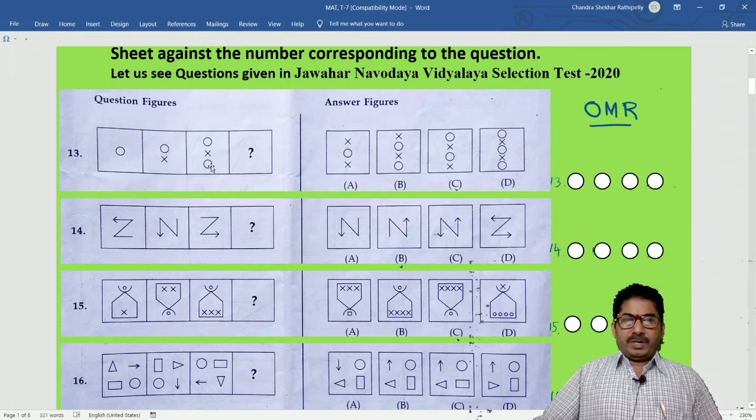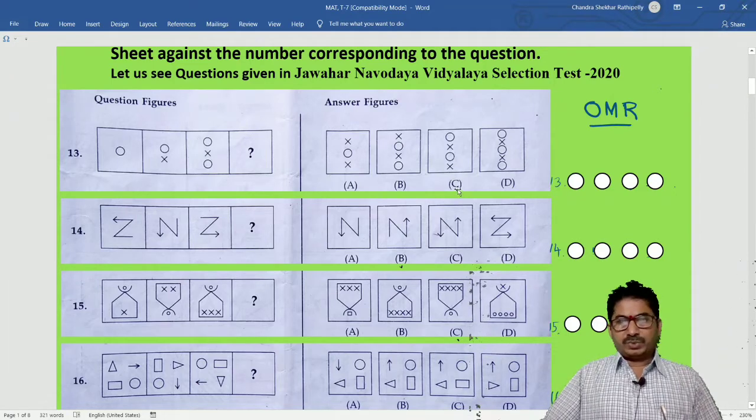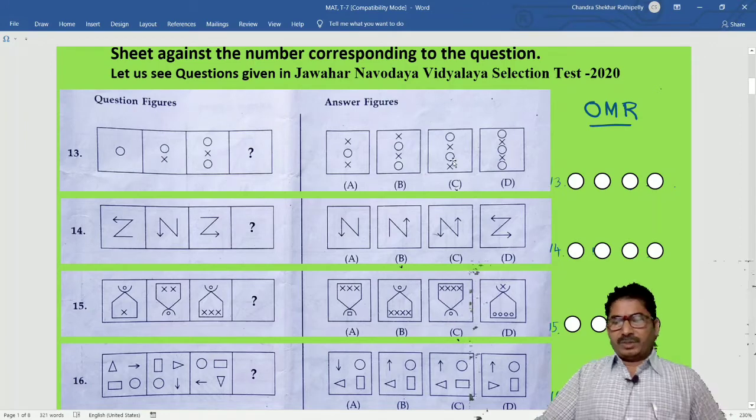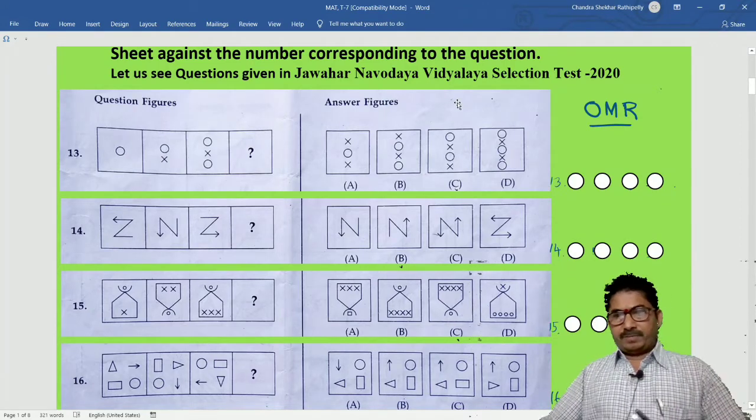Circle, into circle, after circle into circle into. So every next figure has one more in the sequence: circle, circle into circle, circle into circle into. So option C is absolutely correct.